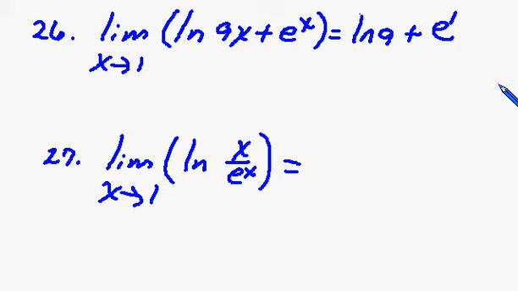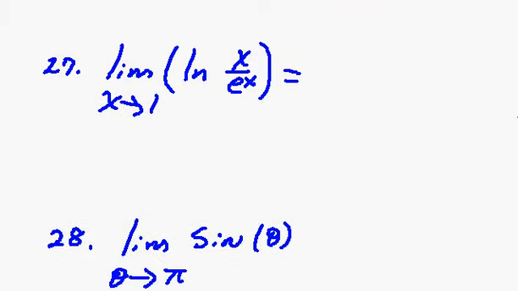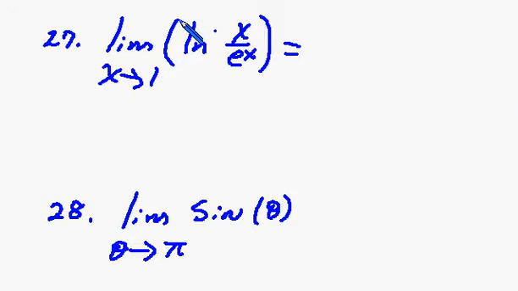Moving on to the next one. We're taking the limit of the natural log of x over e to the x as x approaches 1. So we're just doing direct substitution: I'm going to plug 1 in for x, so the natural log of 1 over e to the 1.